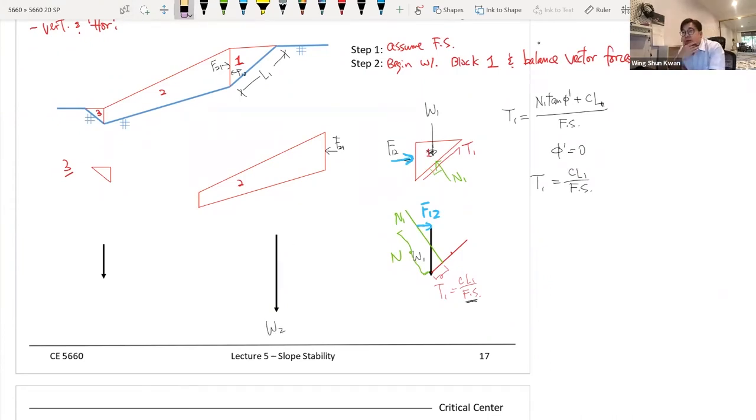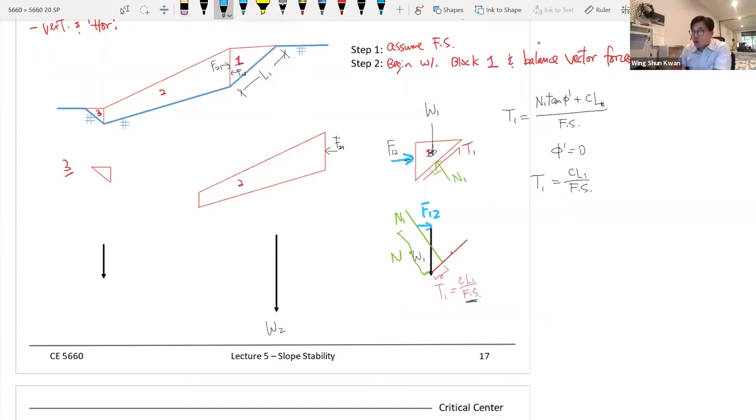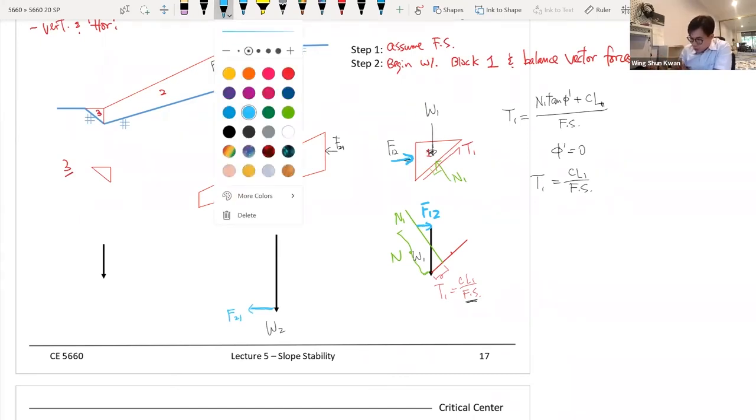As long as you know the area and the unit weight, you can find out the weight of the block. And now you will know F21. You know the magnitude and you know the direction, so you can construct F21. This is your F21. And the next thing you can do is, again, you know the T22.